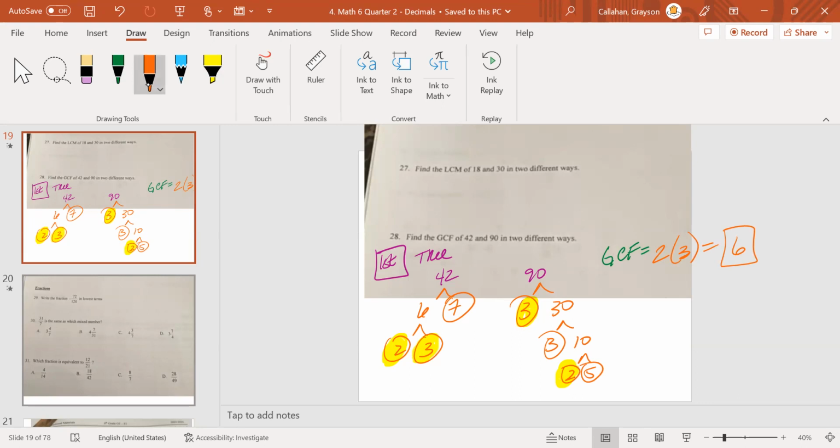Now, what is a second way of finding the greatest common factor? What can you do? I don't know.